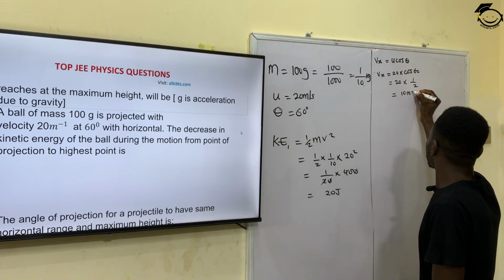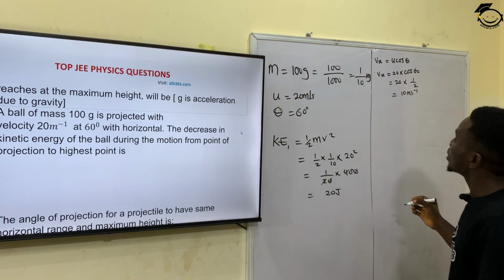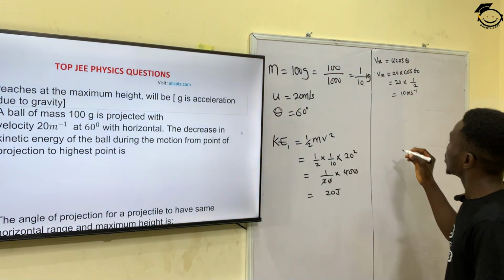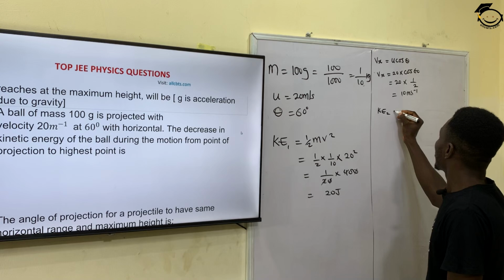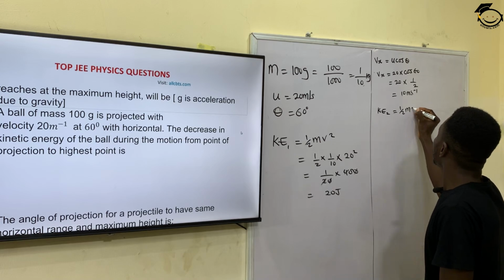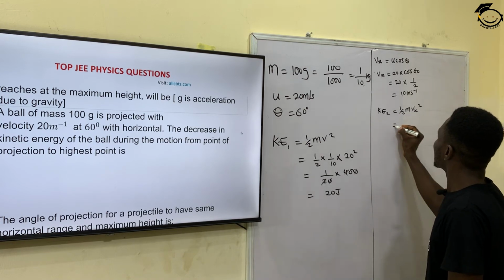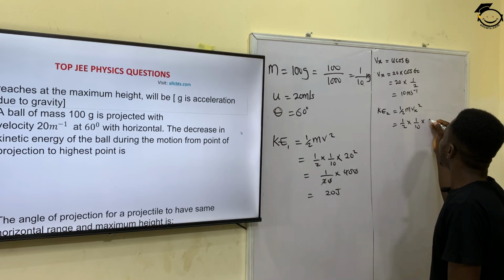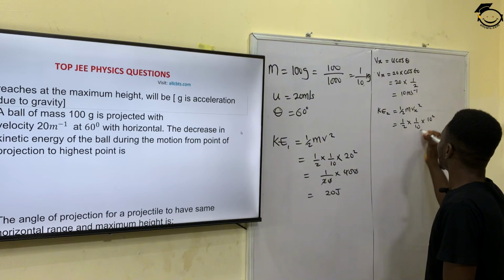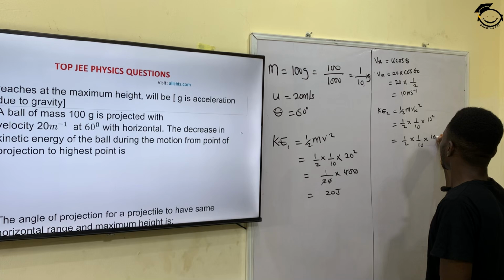10 meters per second. So with this, I will now find my what? Kinetic energy at maximum height. So kinetic energy at maximum height, which is KE2, is going to give me half mvx squared. And that will give me 1 over 2 times 1 over 10 times my Vx here is what? 10 squared. So this will give me 1 over 2 times 1 over 10 times 10 times 10.